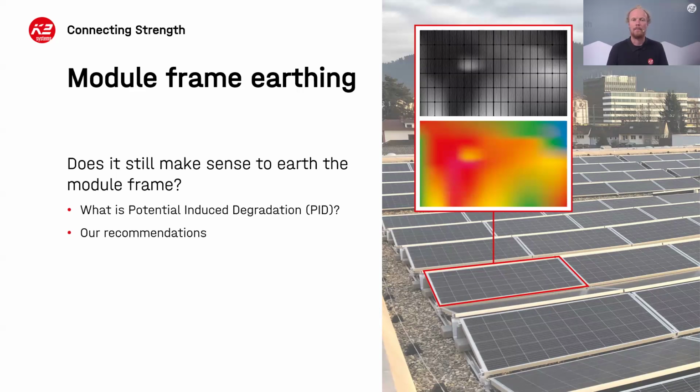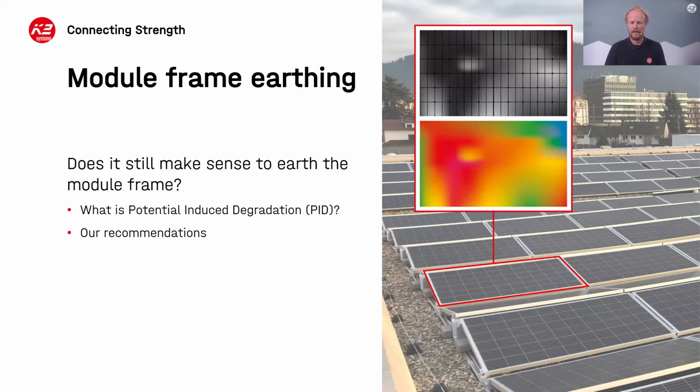There are some modules, but from what we've found only a few, that explicitly say they are PID resistant. If you do have a module that says this, you'd see it in the module databank, or maybe in their assembly instructions, that no grounding or connection is necessary. However, from the ones that we've seen, this is very, very few.